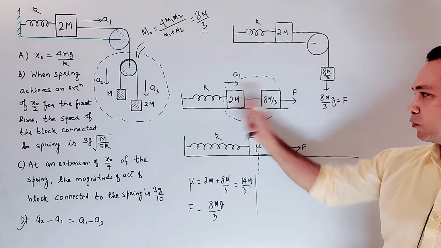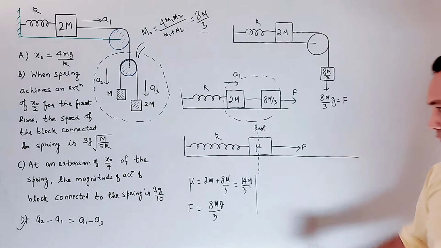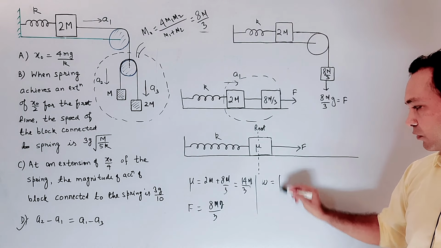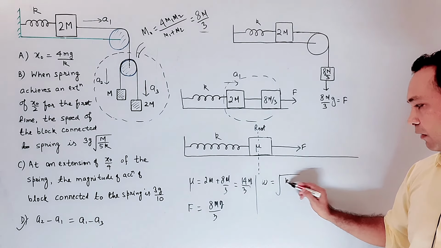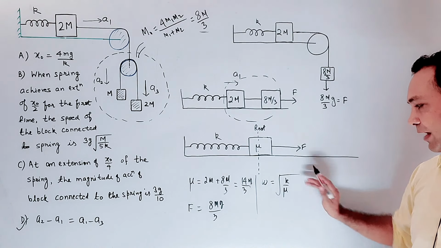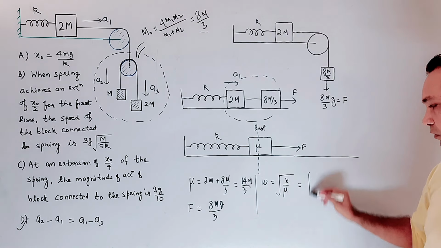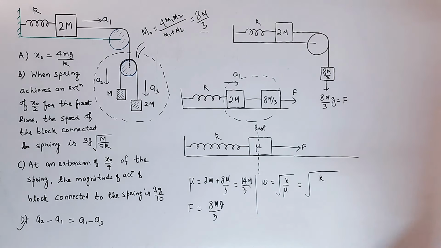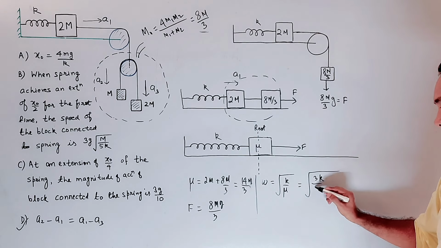I have replaced these two by a single mass, that is mu. So the angular frequency of this system would be omega is equal to square root of k by mu, so that would be square root of k, mu is 14m by 3, so 3k by 14m.